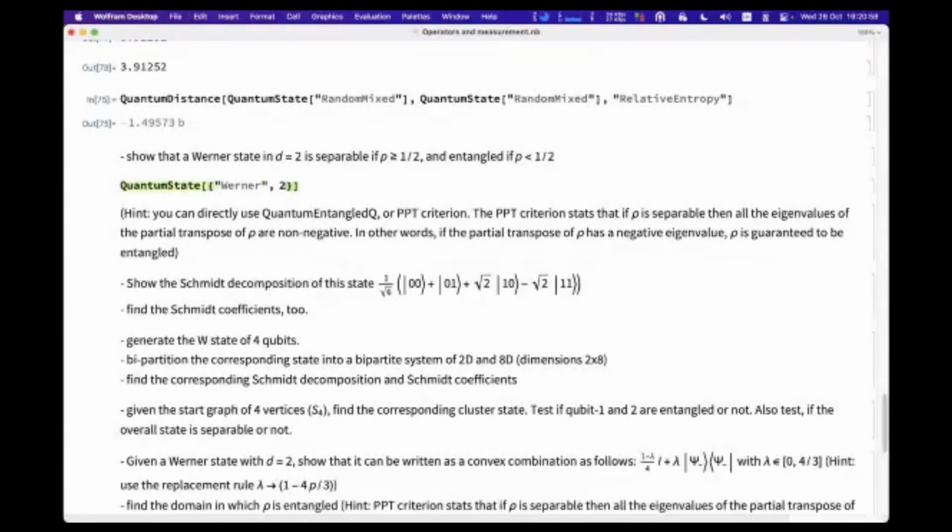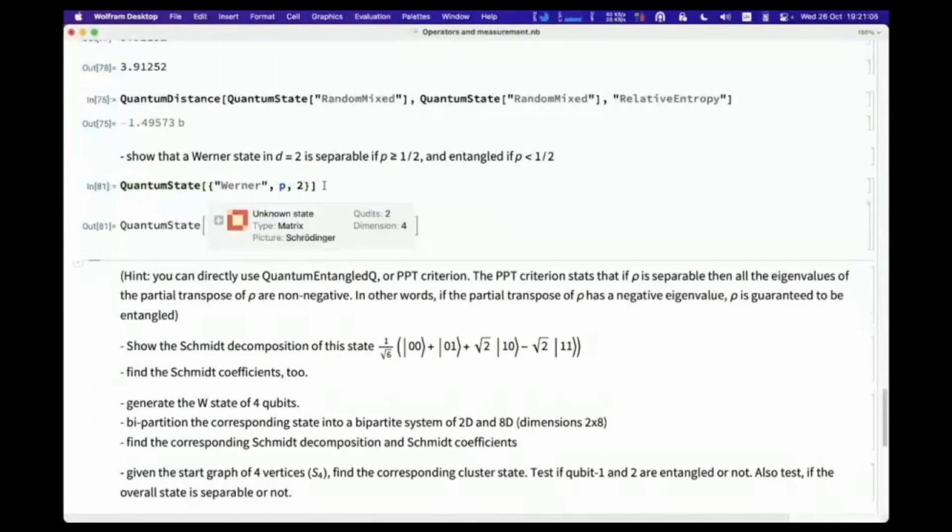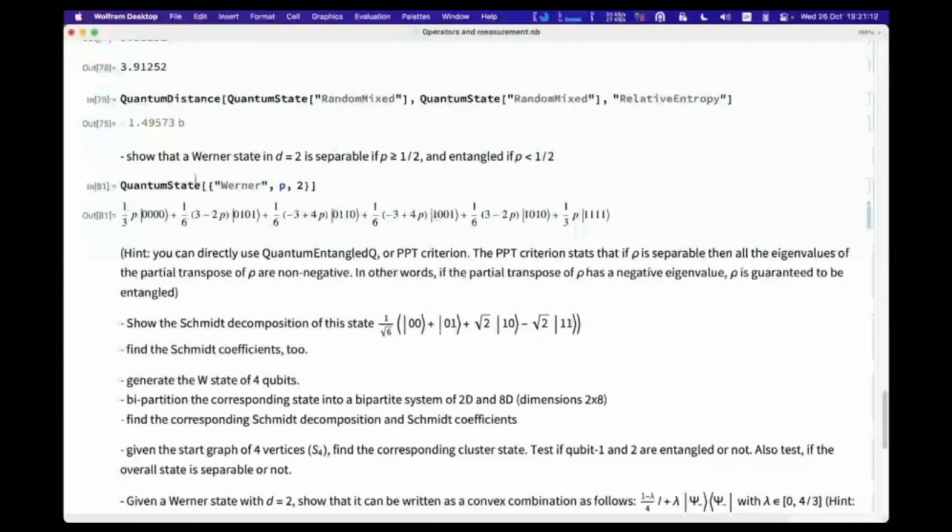What is special about Werner states is that when you have a tensor product of two unitaries, your state is basically invariant under those unitary transformations. Okay, so what we have here is a Werner state in dimension 2 with the corresponding probability.